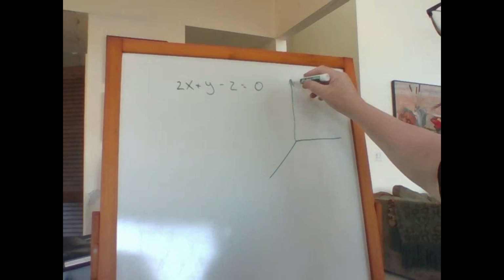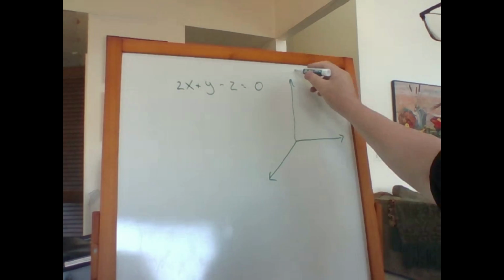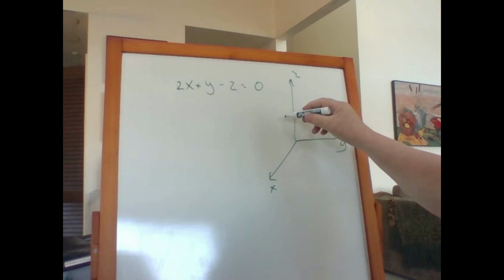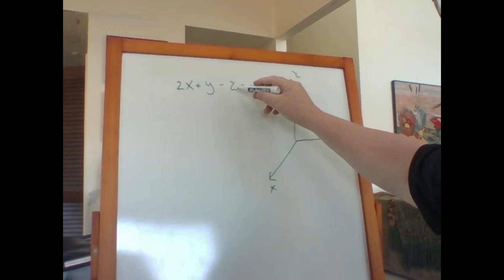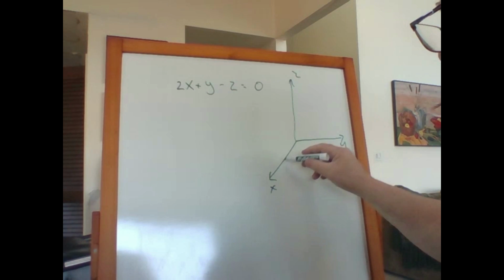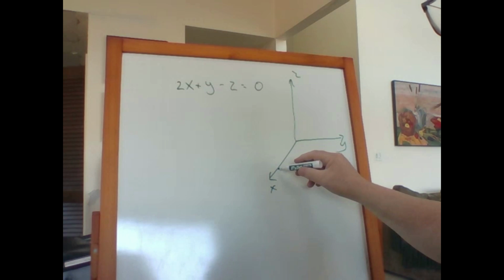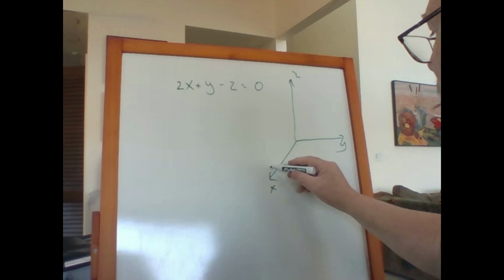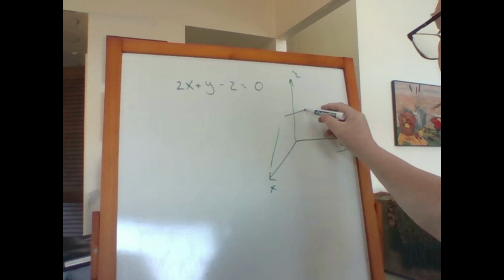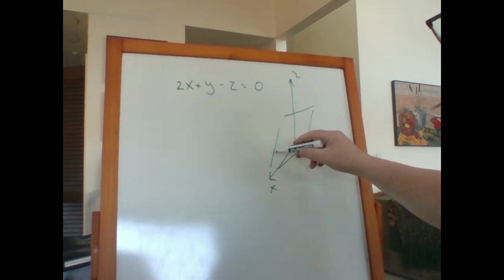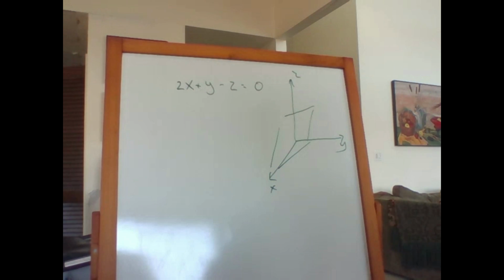Okay, three-dimensional z, x, y, and it makes some sort of plane. When z is 0, y is 0, 2x can take any value there. And you create some plane in three-dimensional space.